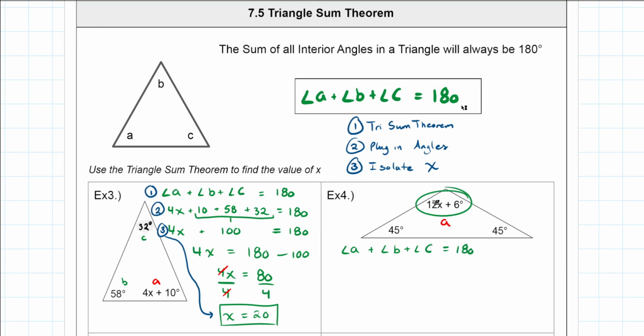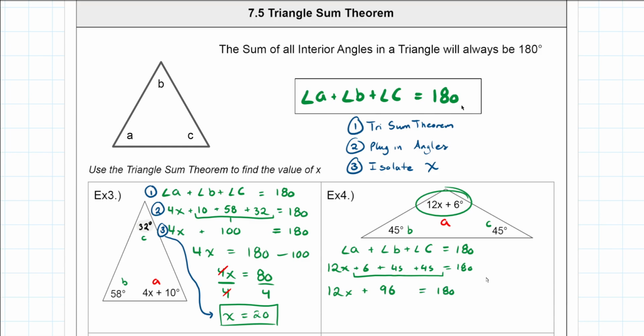I'm going to make sure I use the one with x as my A. It just keeps things orderly to get that x as far left as possible. 12x plus 6, and then we'll make this B and this C, plus 45 equals 180. We're going to combine some like terms here. Nothing to combine that x with, so that stays 12x. 6 plus 45 is going to be 96.